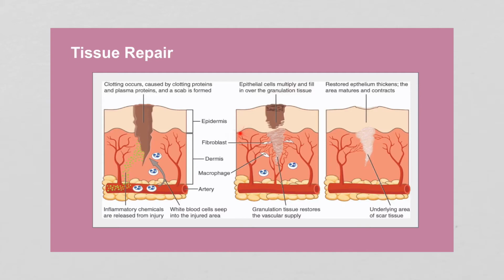Organization is when granulation tissue develops in the area to restore blood supply to the damaged tissue. And the third step is regeneration and/or fibrosis. Regeneration is when the same tissue reforms, and fibrosis is when scar tissue reforms.